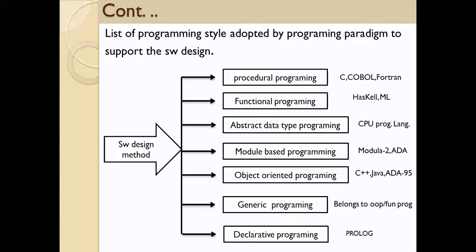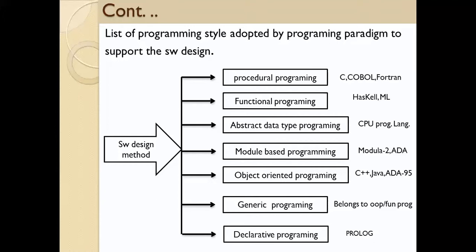Now next one is generic programming. This belongs again to OOP and functional programming. How is generic programming supported by object oriented programming? Consider the example of C++. In C++, templates are used to support generic programming. Again, the last one is declarative programming.